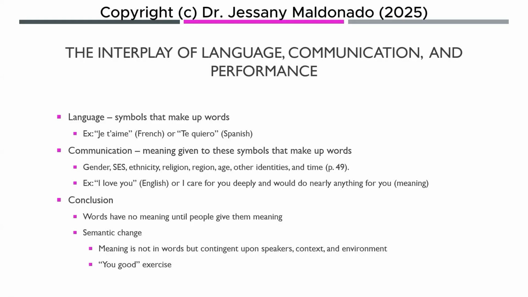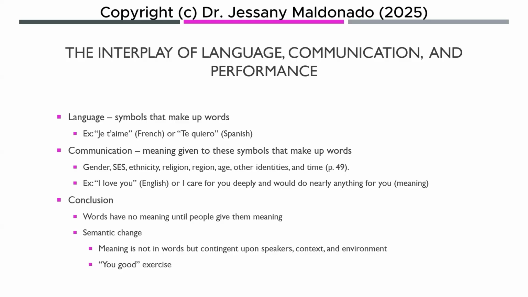Okay? And this is all related back to gender, sex, and sexuality. How do we come to understand those terms, those concepts, through assigning meaning to them? And also, let's talk about semantic change.